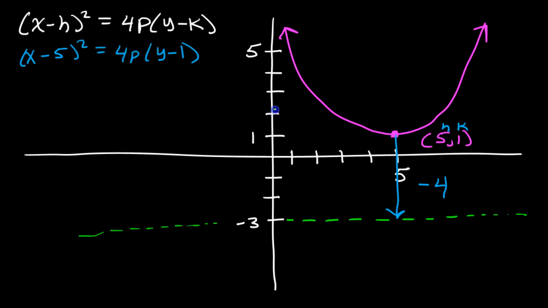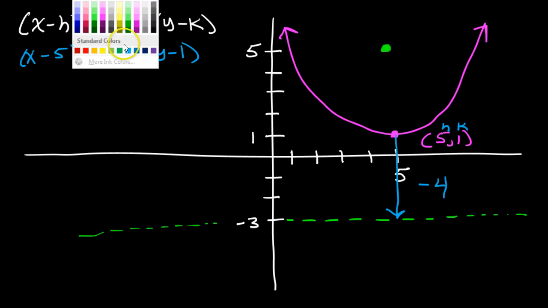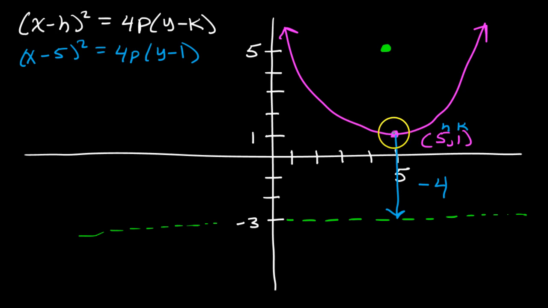So if I went up 4, that's going to put me right here. Okay, so there's my focus. The p-value is going to be positive 4, since the distance to the directrix was -4.